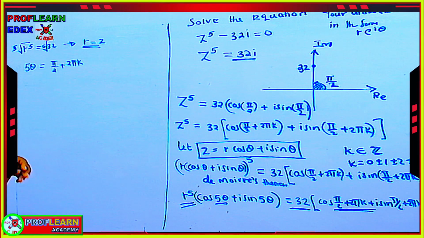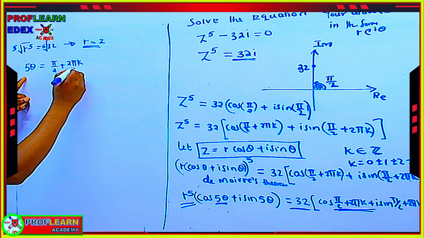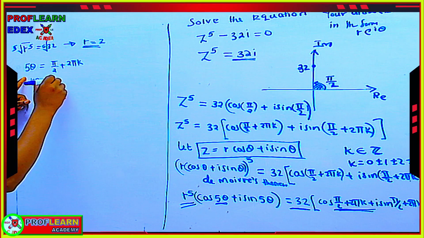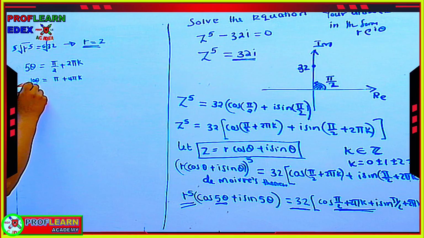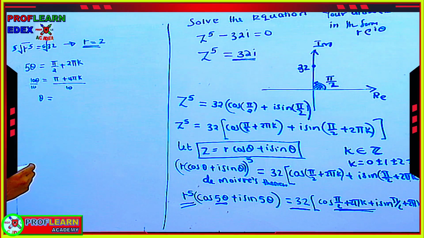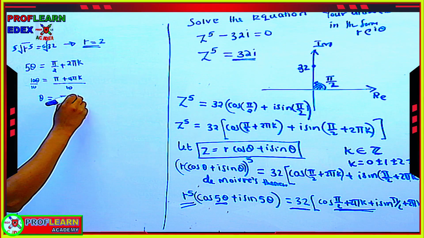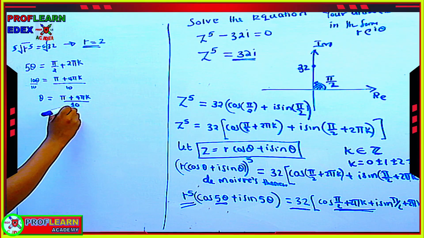Now, if I multiply all through by 2, I'm going to get 10 theta is equal to pi plus 4 pi k, and then I'll divide by 10. So my theta is going to be equivalent to pi plus 4 pi k over 10 in that case.